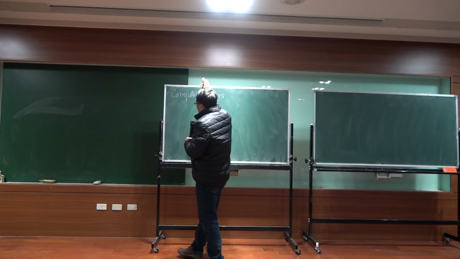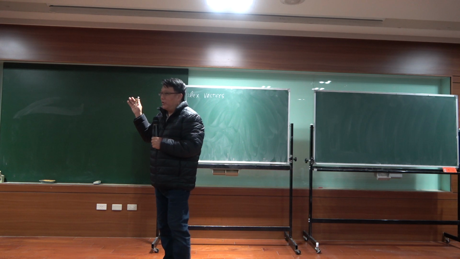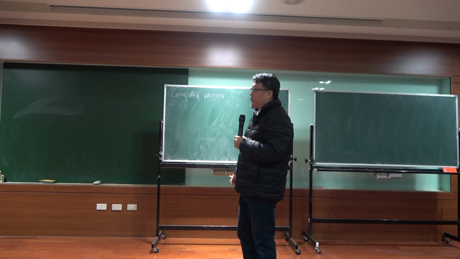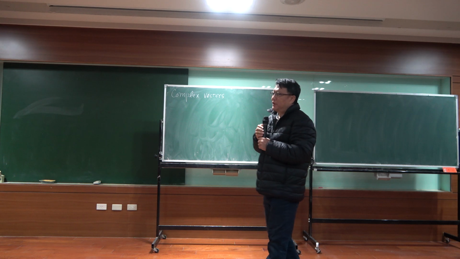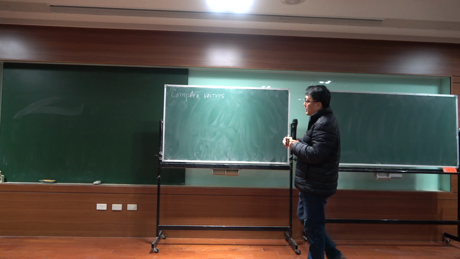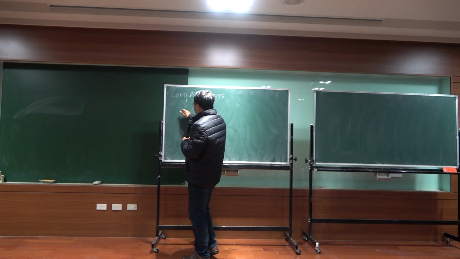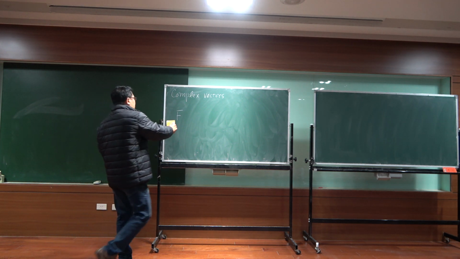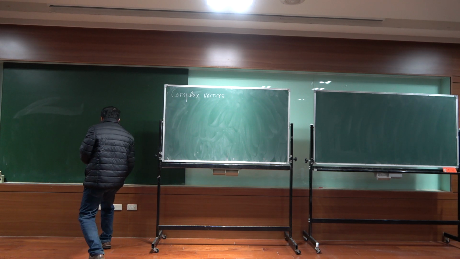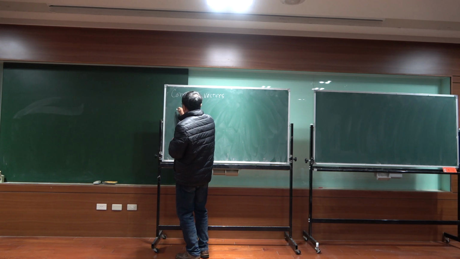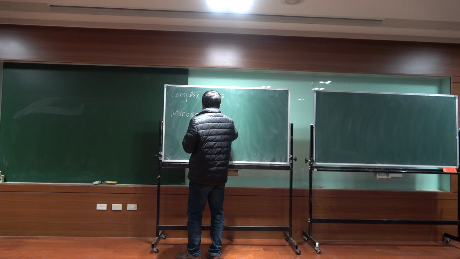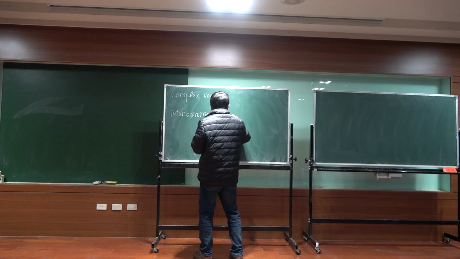If we want the realistic electromagnetic wave, we just take the real part of this complex representation. So first of all, let me assume that the wave is monochromatic.